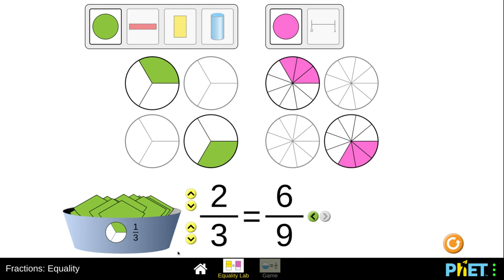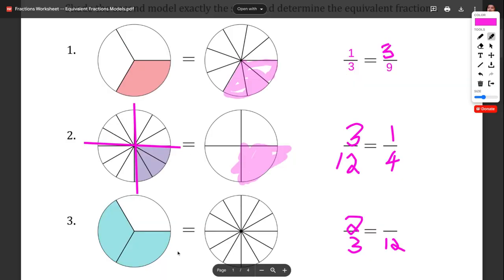With our simulator we can't go to 12, so let's just stick with it here. Let's separate our little thing into 12 approximately. 1, 2, 3, 4, like there. So those are the 12ths, and let's color in something equivalent to what we got there.